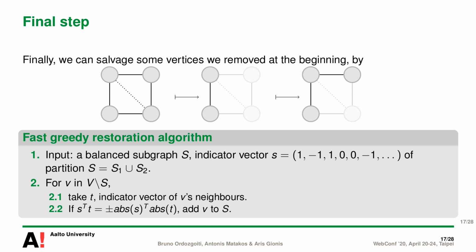To do this, we design a very efficient restoration algorithm, which instead of naively testing whether or not each of the vertices will violate balance, we just rely on comparing two inner products between indicator vectors. This is extremely fast and very convenient.